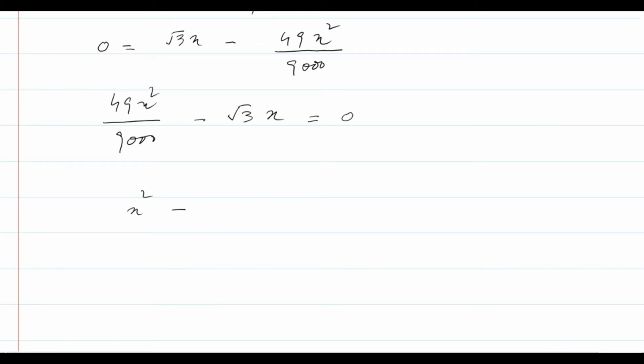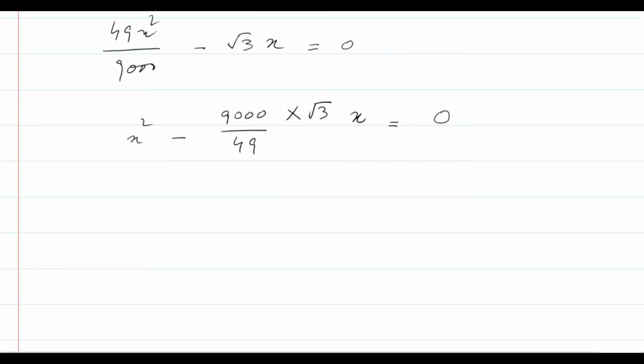You will get x square minus 9000 over 49 times under root 3x equal to 0. You can get this step by multiplying throughout by 9000 over 49.